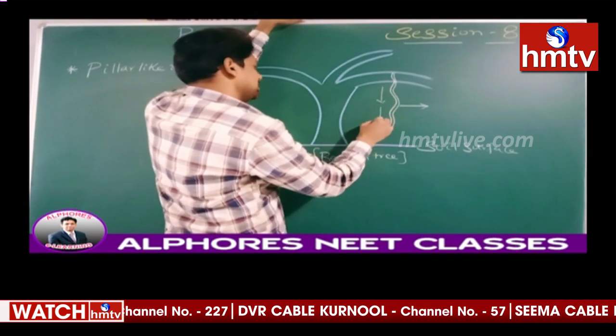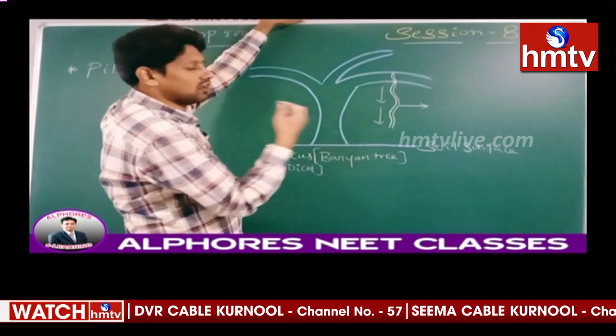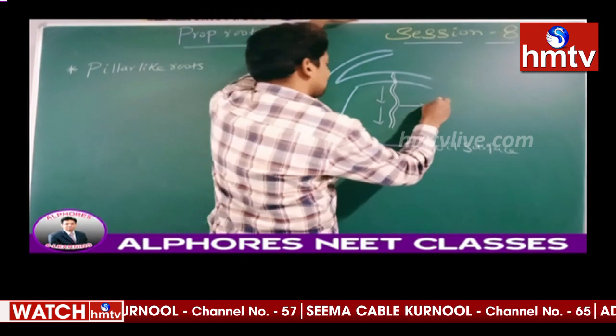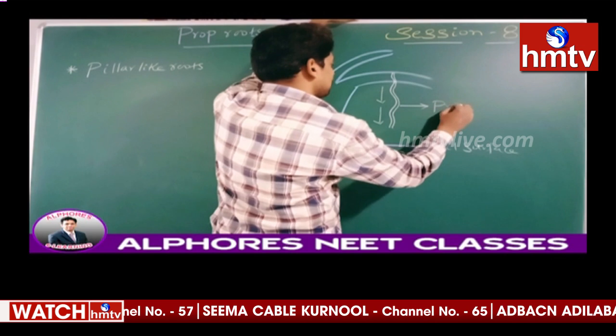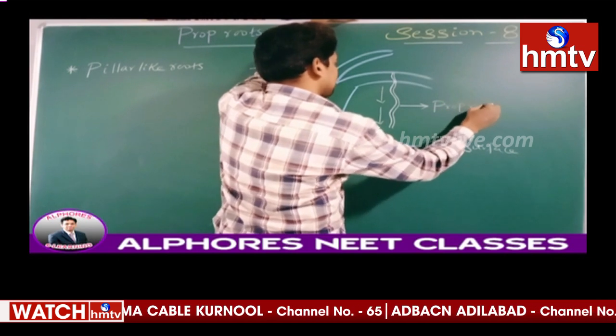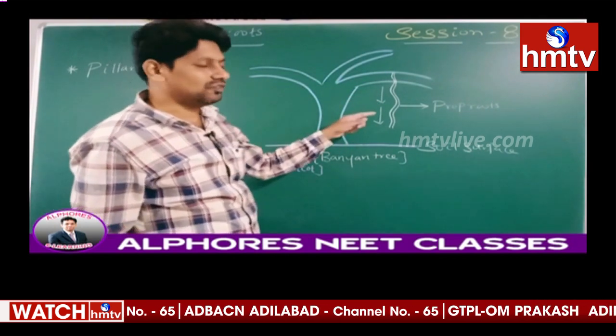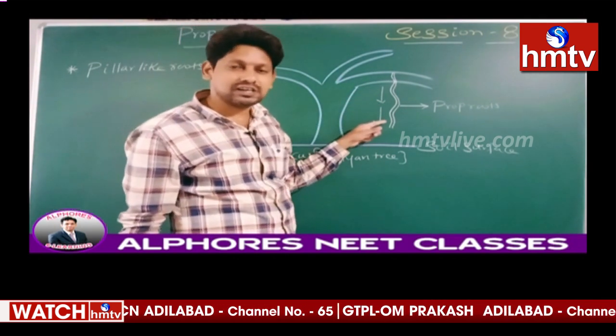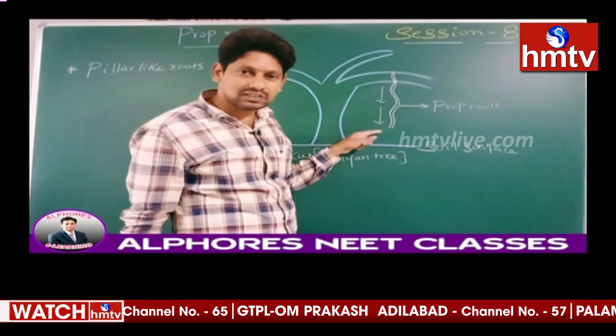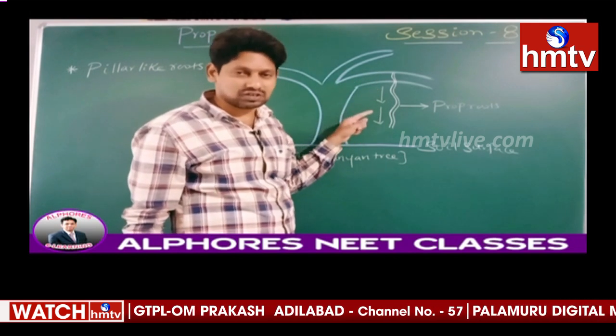It means they are growing in a positively geotropic manner. These roots are called prop roots. Therefore, prop roots are aerial roots, adventitious roots, right? They grow vertically downwards in a positively geotropic manner.